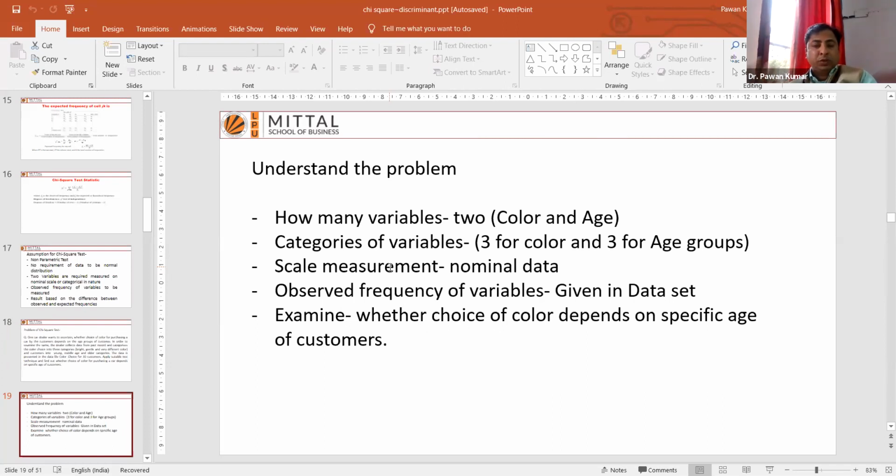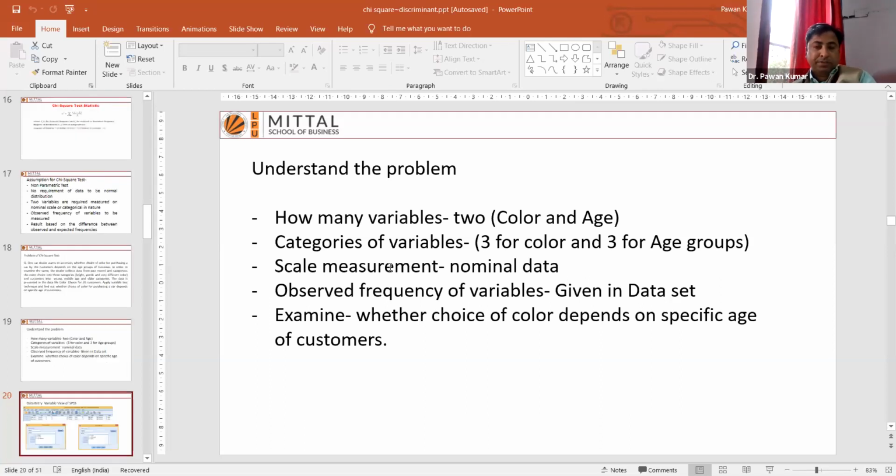And since chi-square is a very popular non-parametric test, the king of non-parametric tests, the observed frequency, as I already told you, is already given in the data set. And here you are going to examine whether the choice of color depends upon the age of customers.